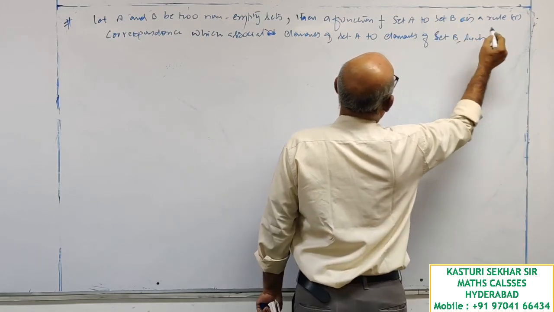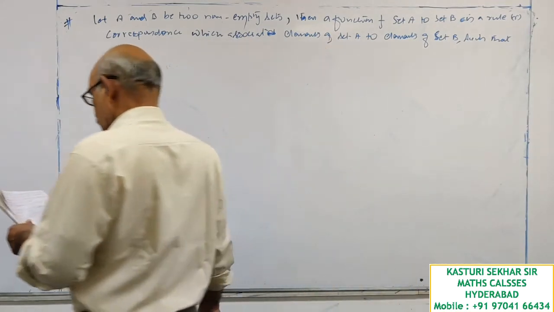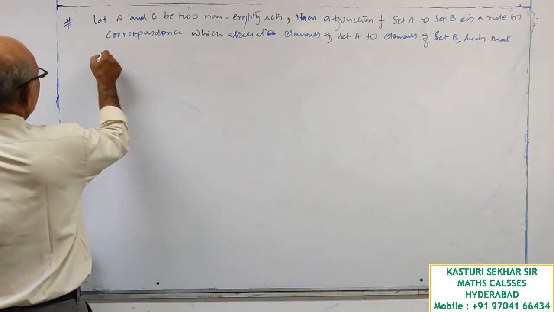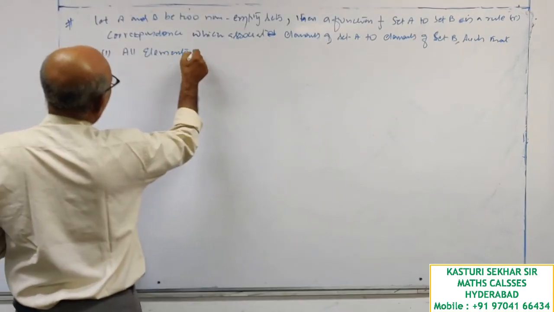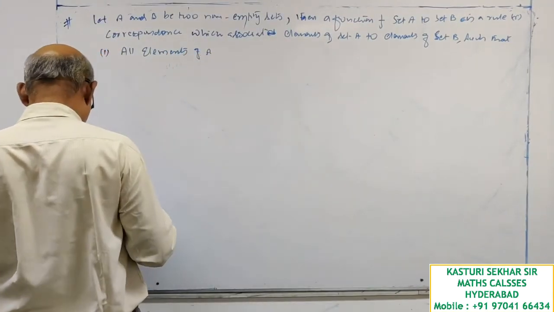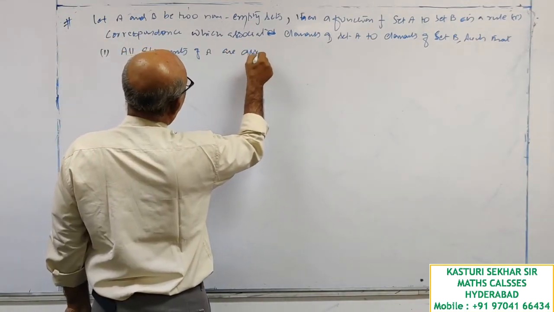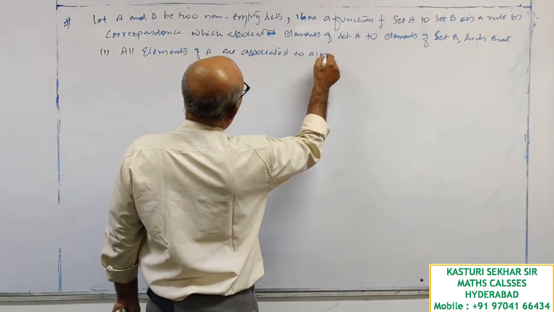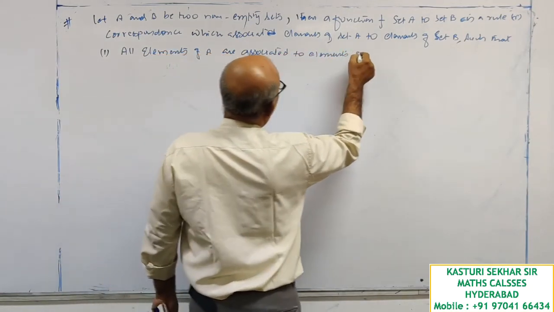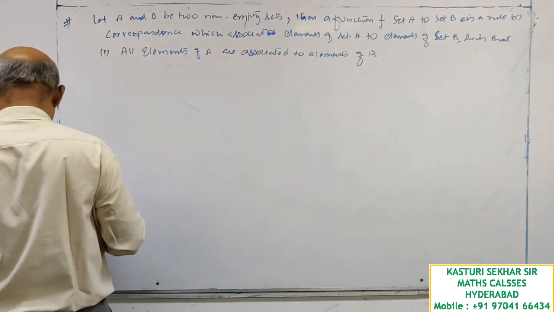Such that, first condition is all elements of A are associated to elements of B. What is the second condition?